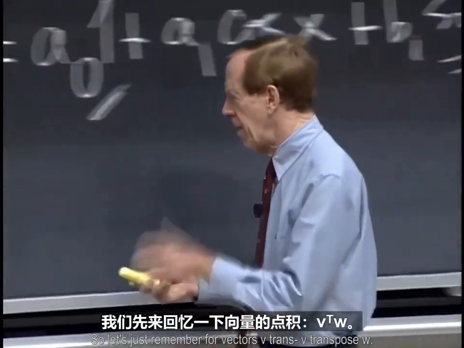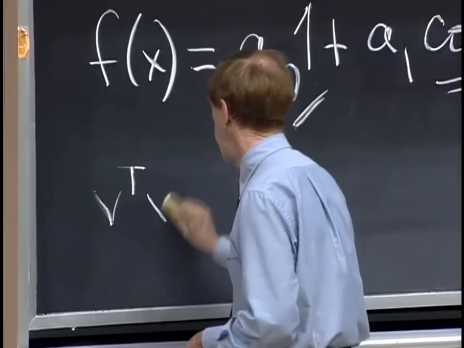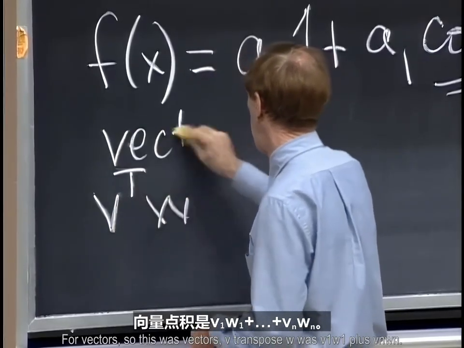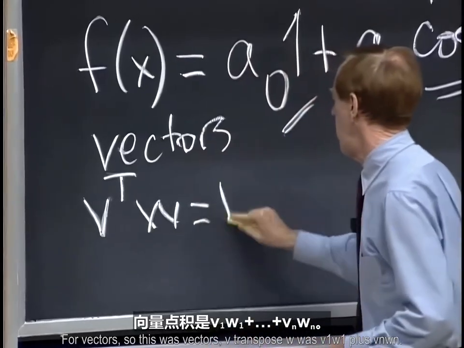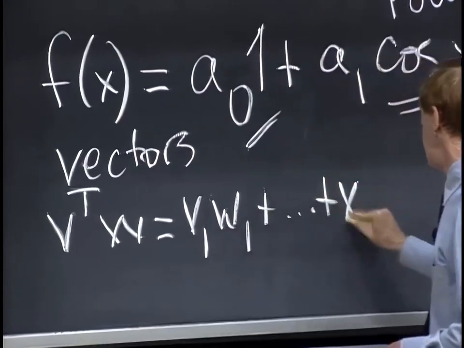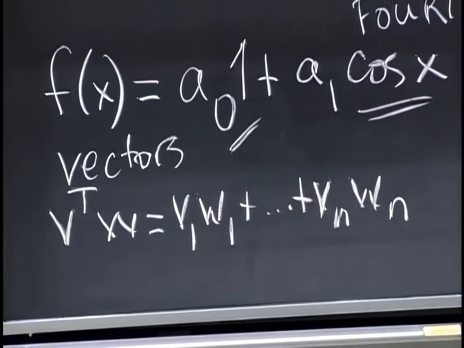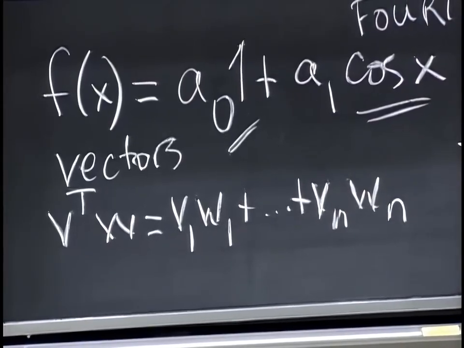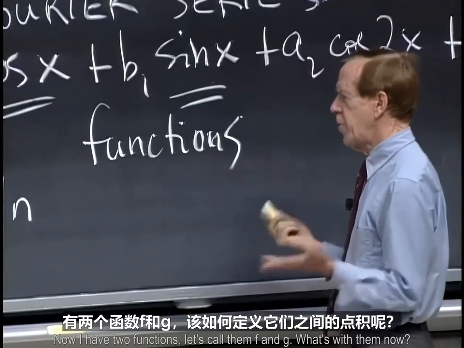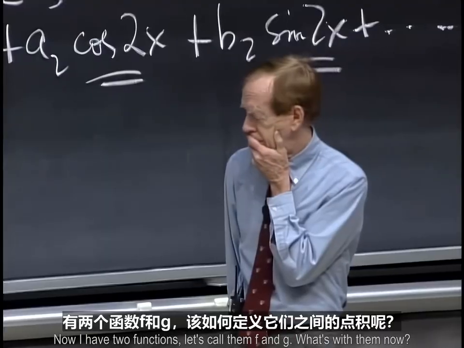How do I compute a dot product? So let's just remember, for vectors, v transpose w was v1 w1 plus up to vn wn. Okay, now functions. Now I have two functions, let's call them f and g.